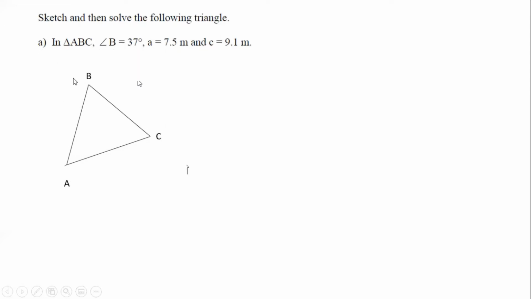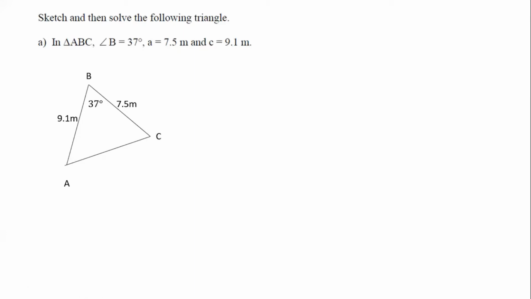Did I have to put the B up here? I could have put the B down here. That's fine. But because I chose to put B here, this is where my 37 needs to go. My A is whatever is the side across from A. So if this is A right here, that's angle A. That's not the side A, that's angle A. So the side opposite to that must be the 7.5. The side opposite to the C, this is angle C, which is over here. That's my 9.1 right there.